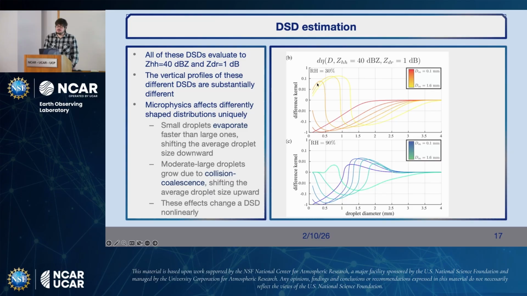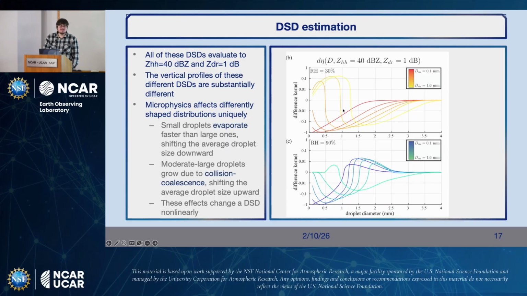So all of the values that are above 0 indicate that drops of this size, the number of them increases by the time the drops hit the ground. And when they're below the line, they're decreasing. So if we look at the smallest, the drizzle type distribution in the driest environment, all of the drizzle drops just sort of disappear. They evaporate, just like we were saying earlier.